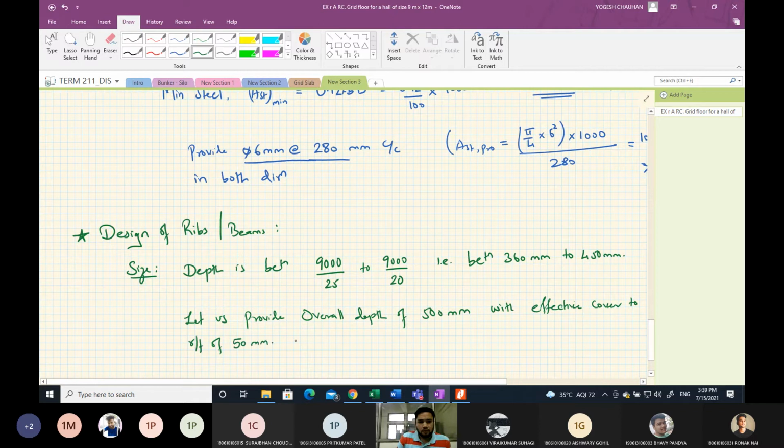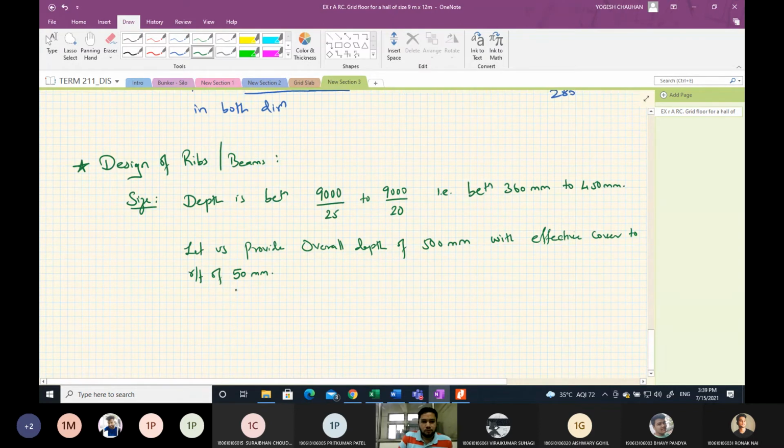So therefore, the effective depth will be equal to 500 minus 50, that is 450 mm. Okay. But this effective depth is from the top of the slab.